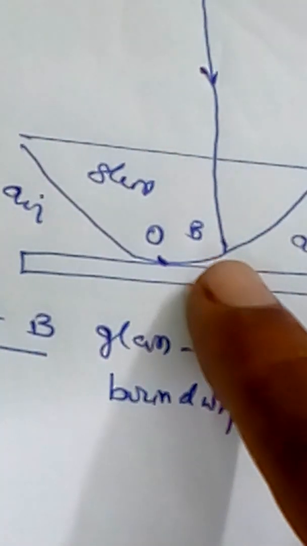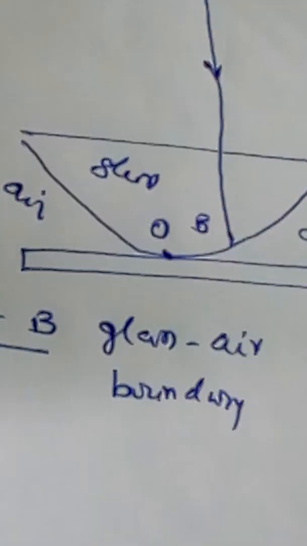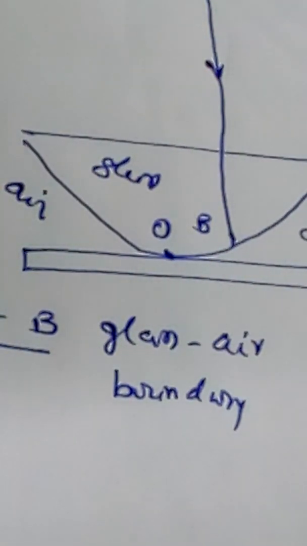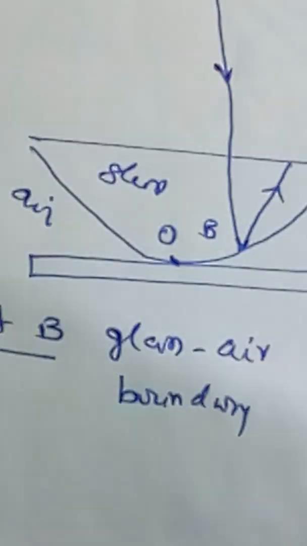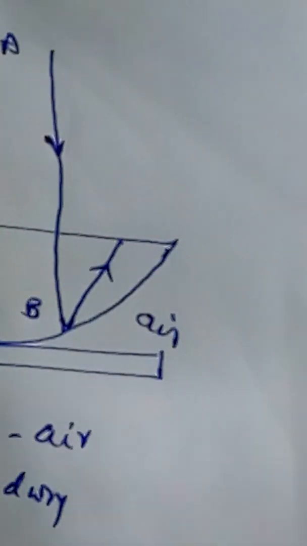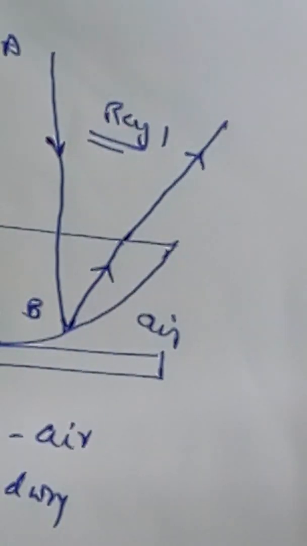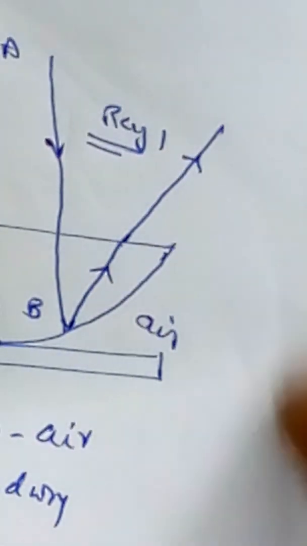B is the point where you can find the glass air boundary. From here, the light gets reflected, and then from here it emerges out. Let us call it ray 1. So there is no phase change here.